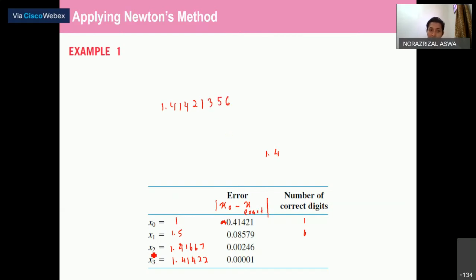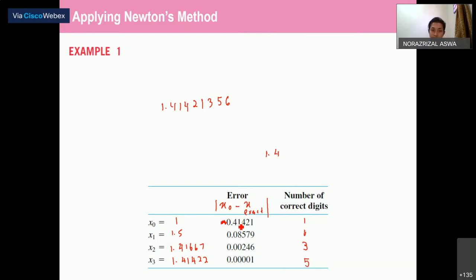If you compare our third approximation, we have 1.41667, so 1, 2, 3, the number of correct digits is 3. And for our last, we have 1.41422, 1.4142, so it means that we have 5.